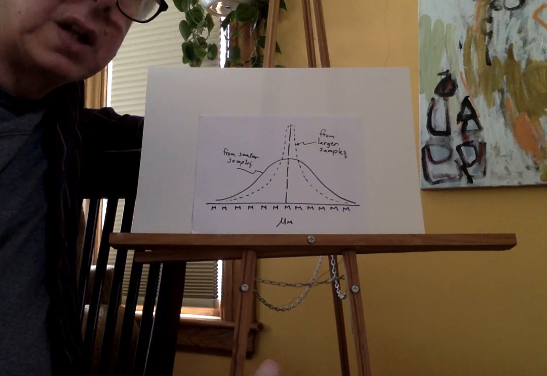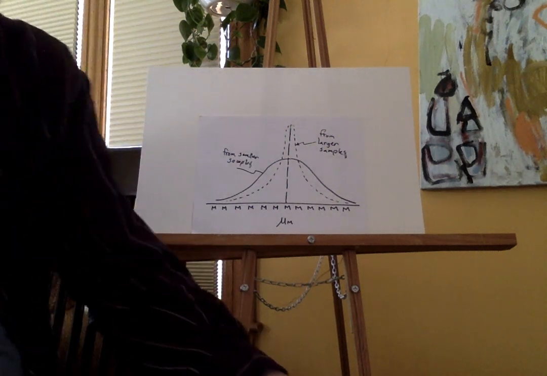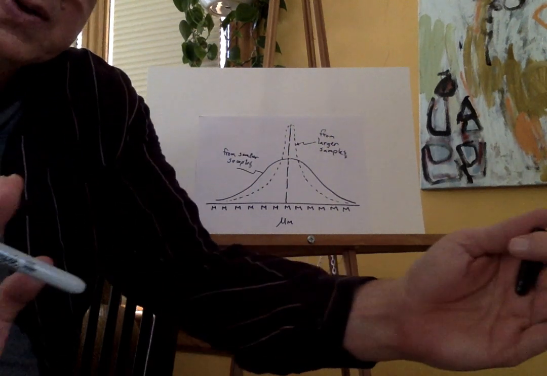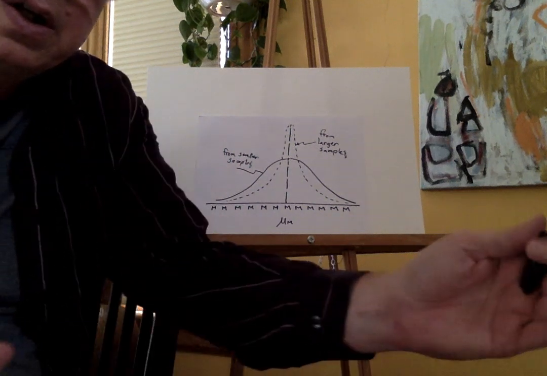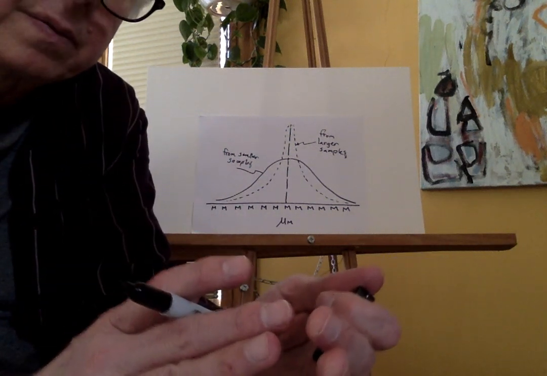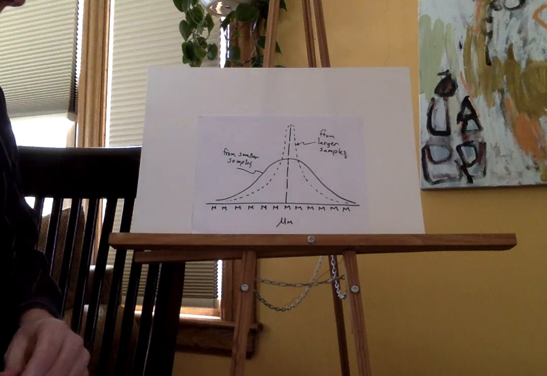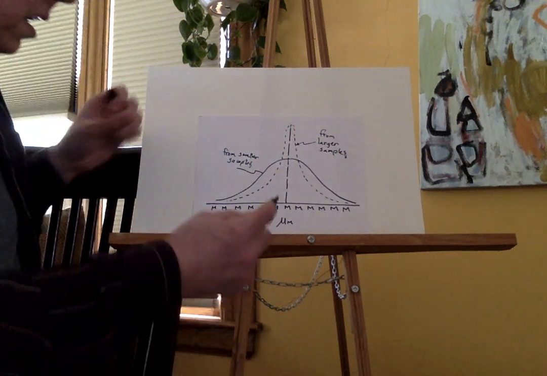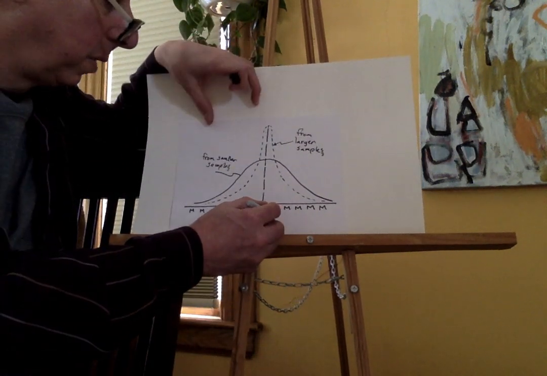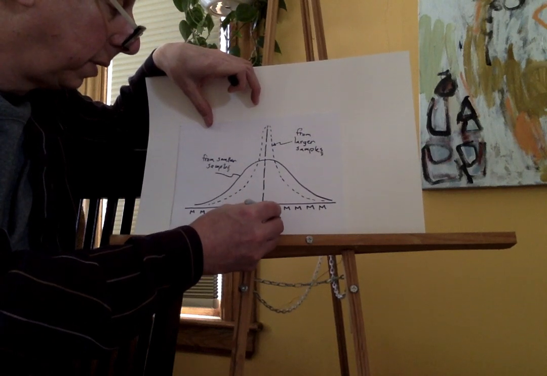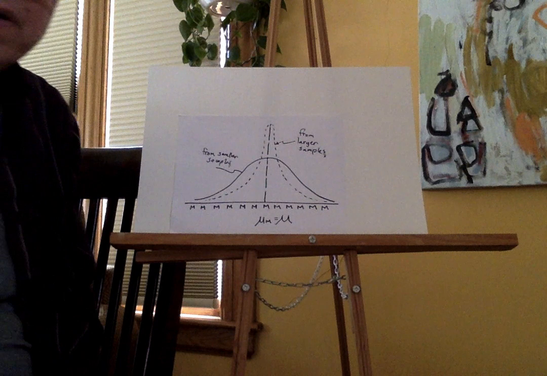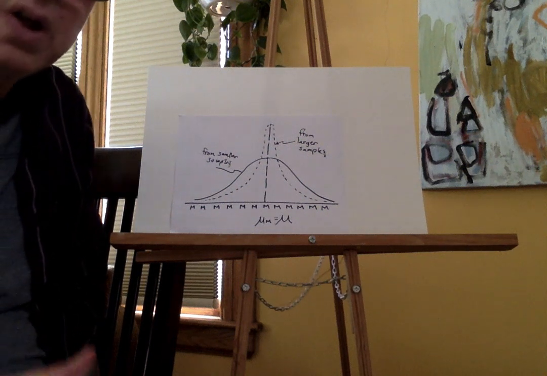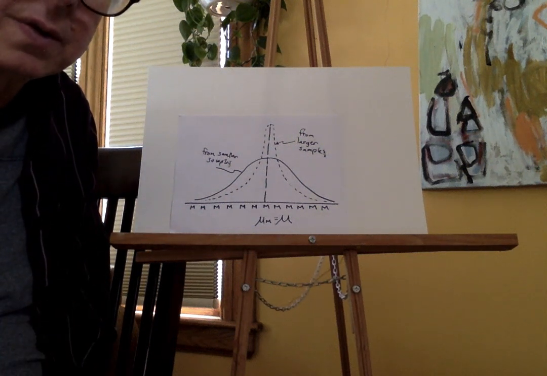As the samples get larger, we see the variability gets smaller. That means those sample means are coming in. This mean will be equal to the mean of the distribution of individual scores.